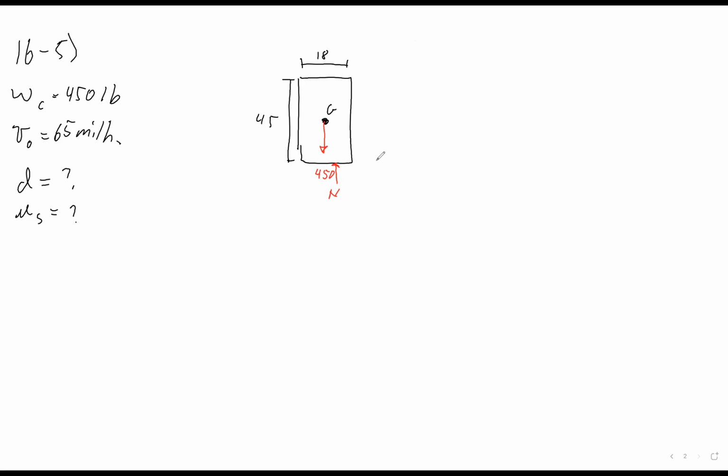Now, it doesn't ultimately matter which direction we draw this vector F for the friction. I mean, we know that the friction is at this location along the bottom of the surface of the crate. But we could draw the friction going to the right, we could draw the friction going to the left. If we draw the arrow in the wrong direction, we'll just get a negative number. It's not a big deal.